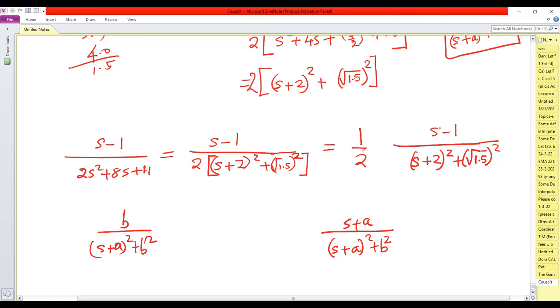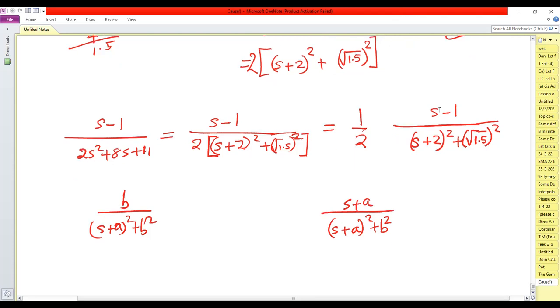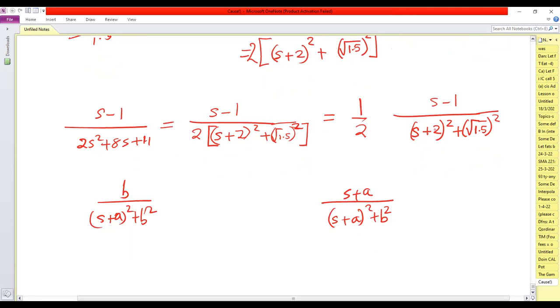This is because we have an s value and a constant in the numerator. Already this tells us that our a is 2 and our b is root 1.5.